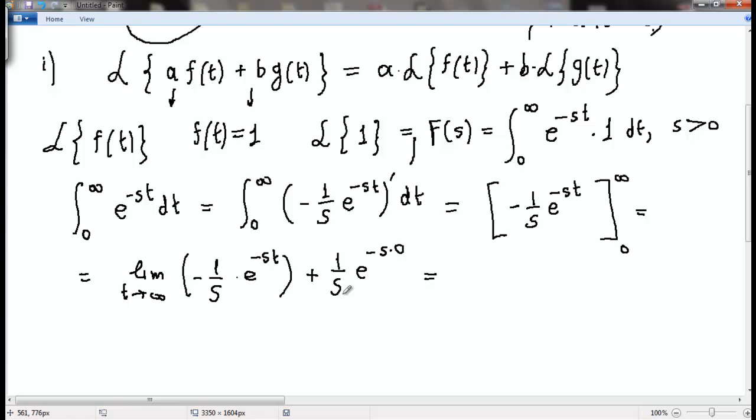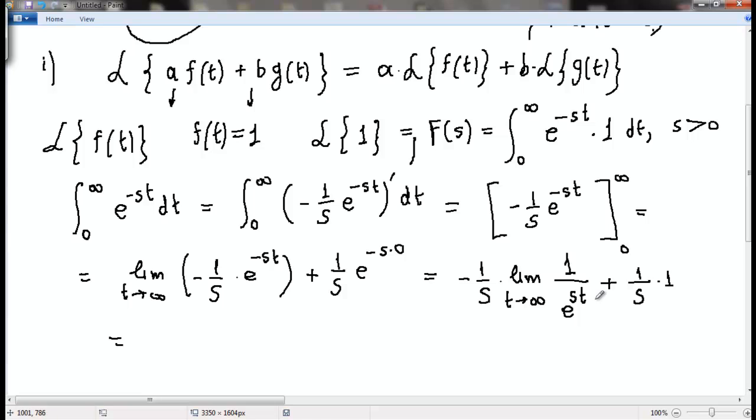Remember that t is my variable, and s is a constant number, so this is minus 1 over s times the limit of 1 over e to the power st when t tends to infinity, plus of course 1 over s times 1.